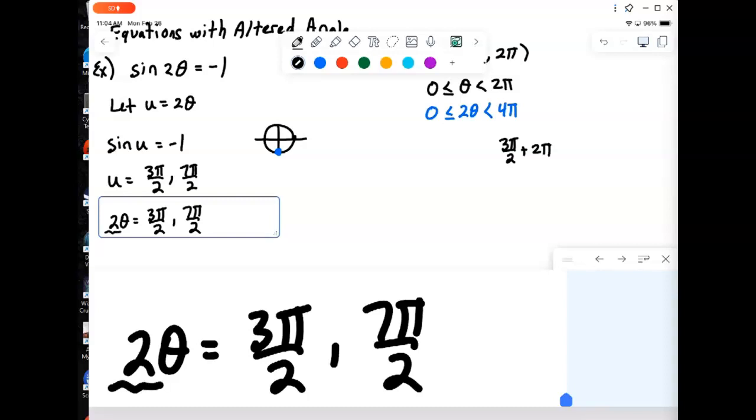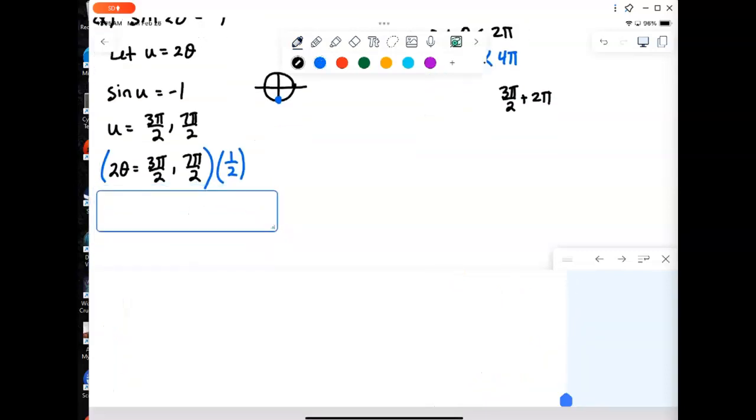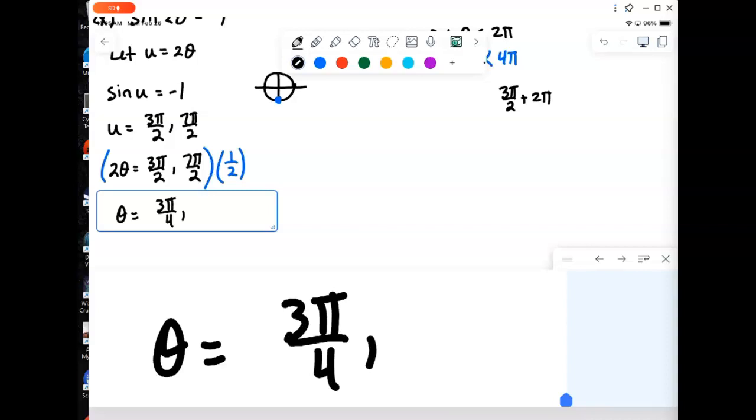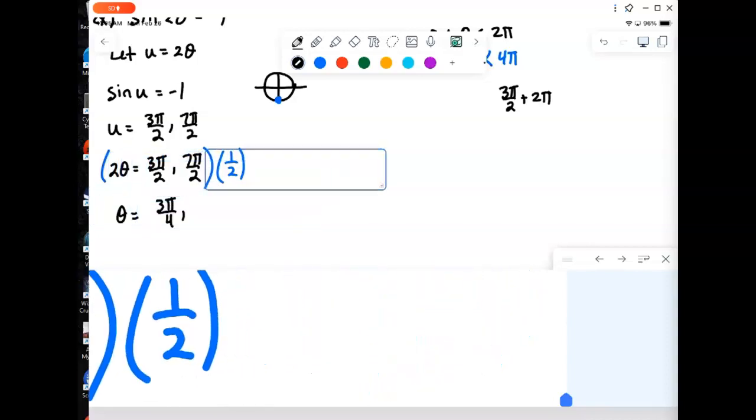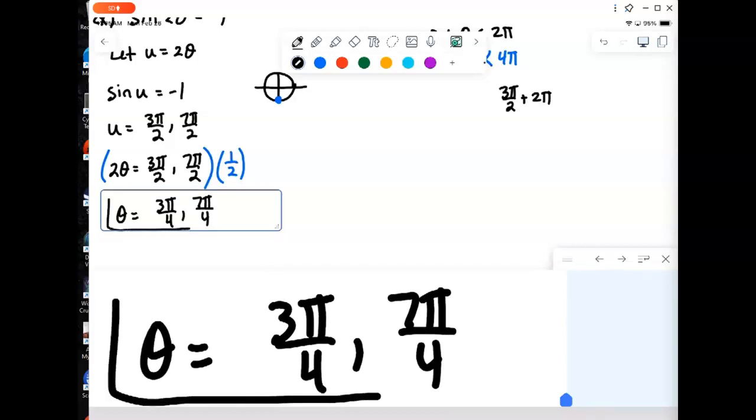Since it's in front, I could divide, but because I'm dealing with fractions, it's probably easier to think of it as multiplying by the reciprocal, multiplying by 1/2. And so when I do that, I get theta equals 3 pi over 4, 1/2 times 3/2, and 1/2 times 7/2 will be 7 pi over 4. So I end up getting the two solutions.